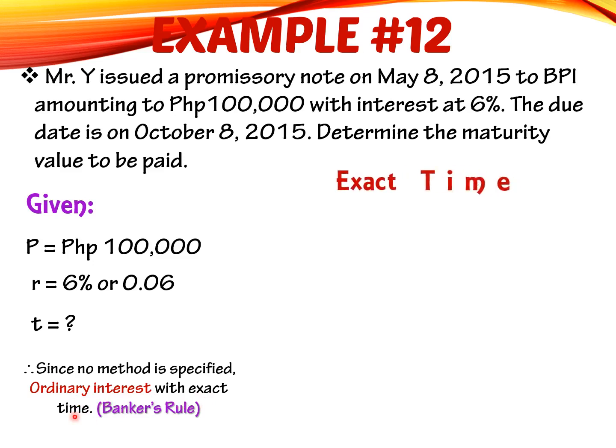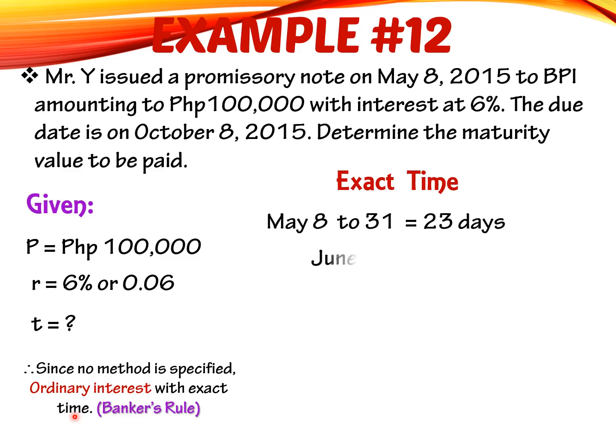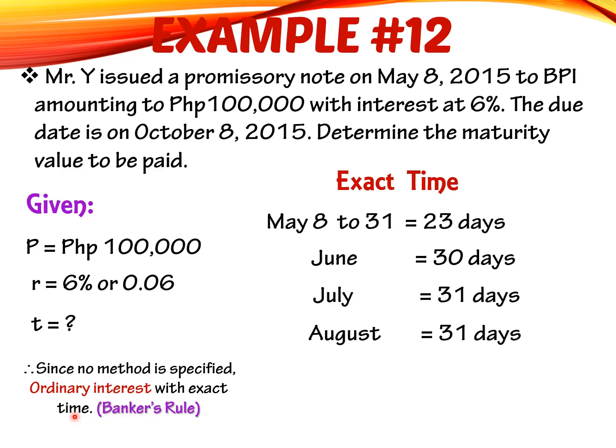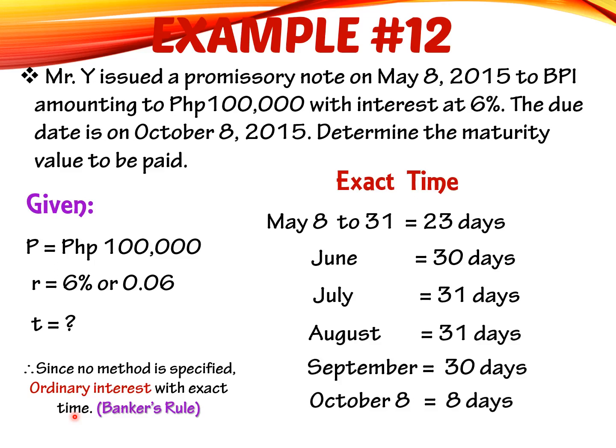So to find the exact time for banker's rule, from May 8 to May 31, you have 23 days. And then for June, you have 30 days. July and August have 31 days. September has 30 days. And up to October 8, you have 8 days. When we add this, we will have 153 days. So, yun yung magiging time natin dito.